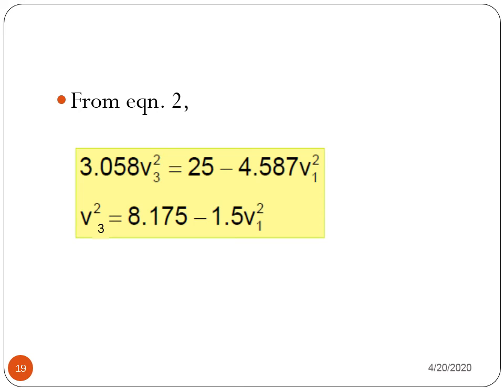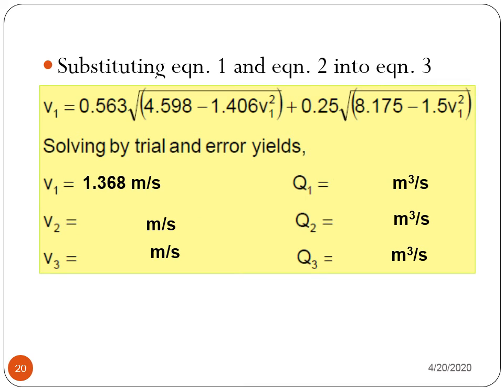Same goes for the second equation. We rearrange the formula so that V3 squared equals what? V1 squared, and then we simplify. So this one will be your second new equation. Then from the new equation 1 and new equation 2, we substitute into the third equation, so you will get this new equation.